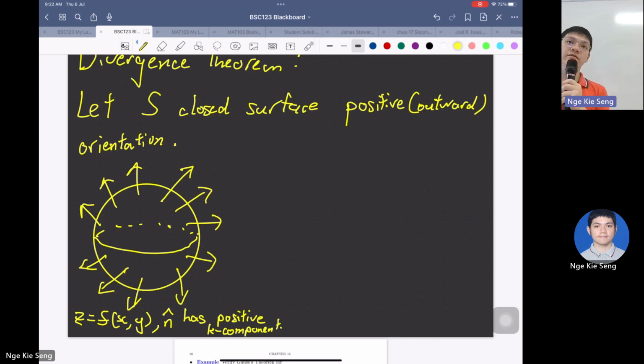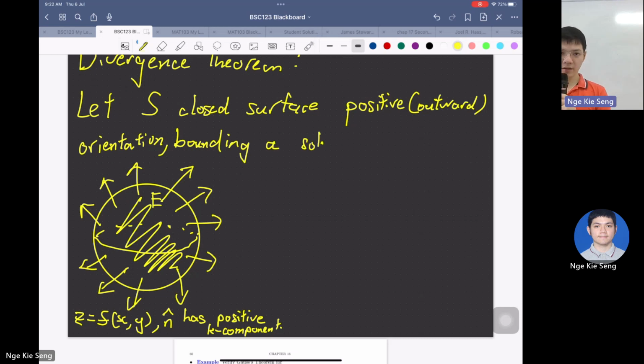So what's the statement here? You have a closed surface, and what it bounds is your solid E.